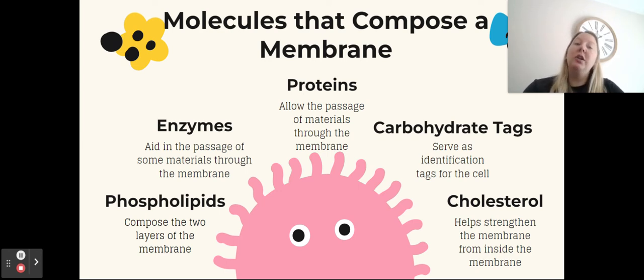And lastly, we have cholesterol. Cholesterol sits on the inside of the membrane in between the fatty acid tails and helps strengthen the membrane. Because our membrane is a fluid model, it is constantly changing. So we do need to have these cholesterols on the inside bonding our phospholipids together to strengthen the membrane.